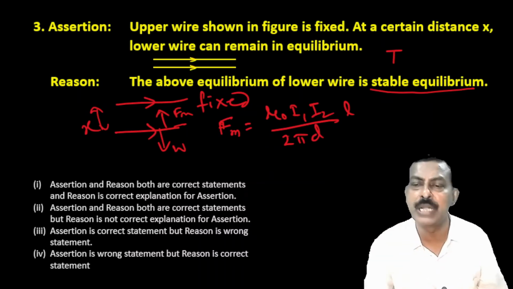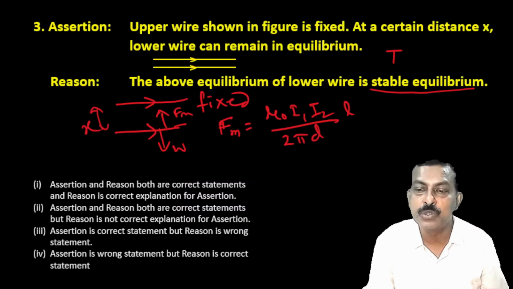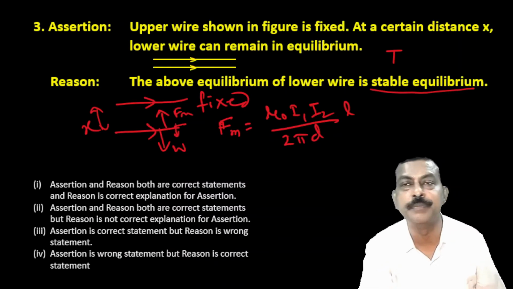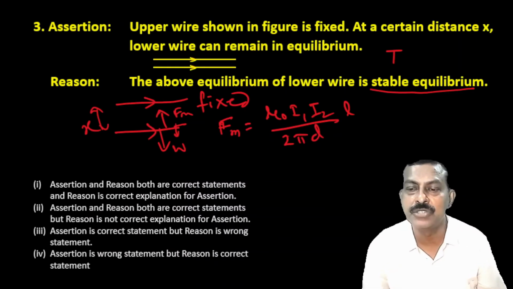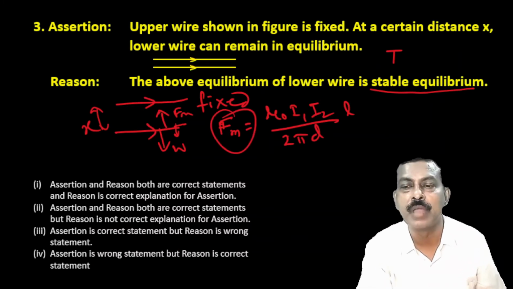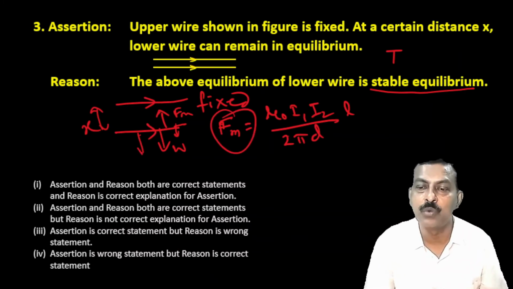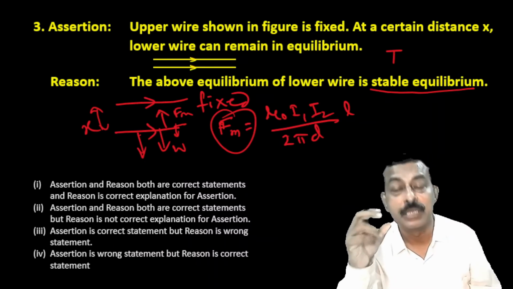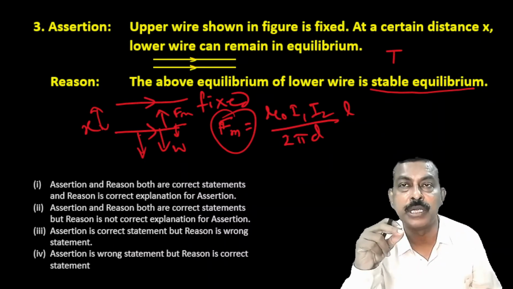So force per unit length for this wire, if you take, it will be your Fm by L, which is your mu naught I1 I2 divided by 2 pi d. If you slightly disturb from its position, that means suppose d is increased, then this F will decrease. And the weight which is acting downward, that one will be giving a net force on the body.